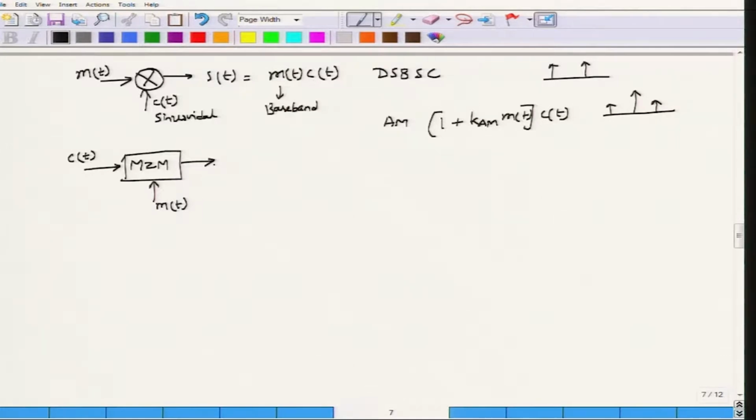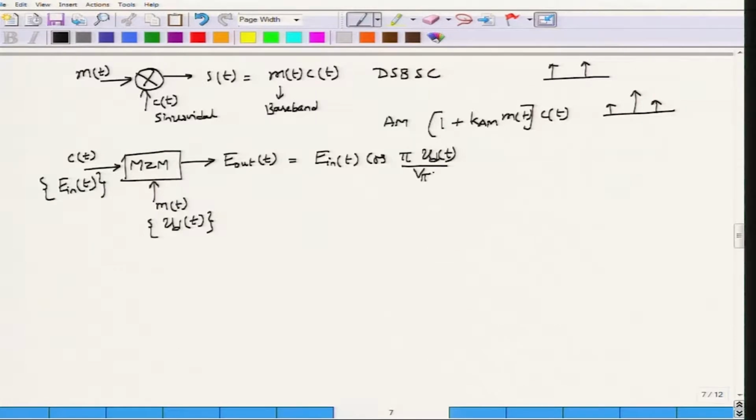The c of t is nothing but the electric field at the input, and m of t is the difference signal u_d of t. In our terms for the MZM, the output E out of t is given by E in of t into cos of pi u_d of t divided by 2 V pi.